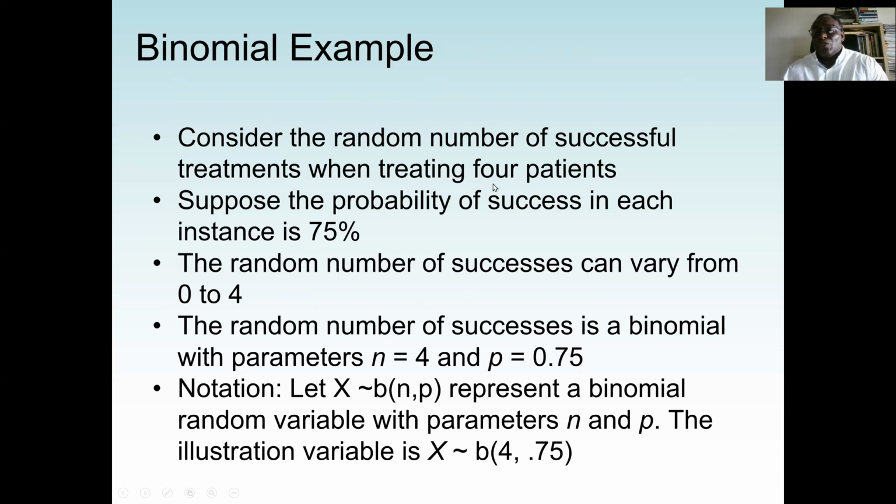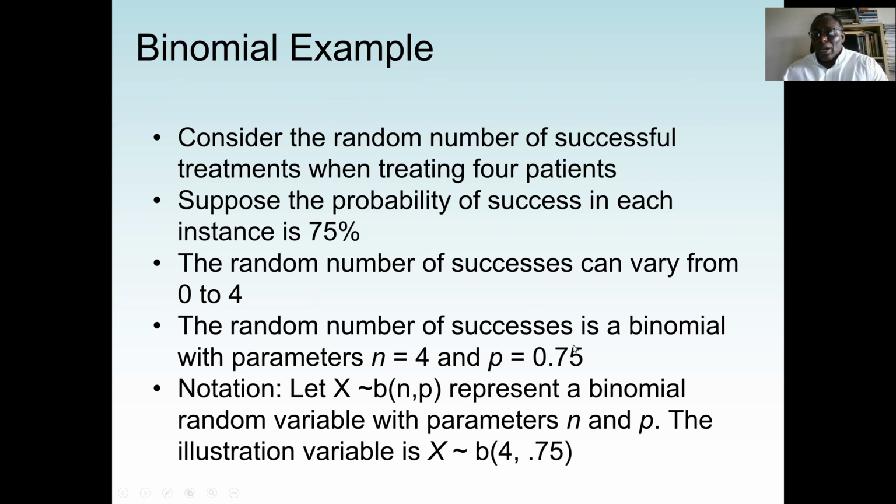The highest is 4. We don't have 5. So that's why we are saying the random number of successes can vary from 0 to 4. Now the random number of successes is a binomial with parameters n equal to 4, which is our total patients, then P, which is the probability of success, 0.75.